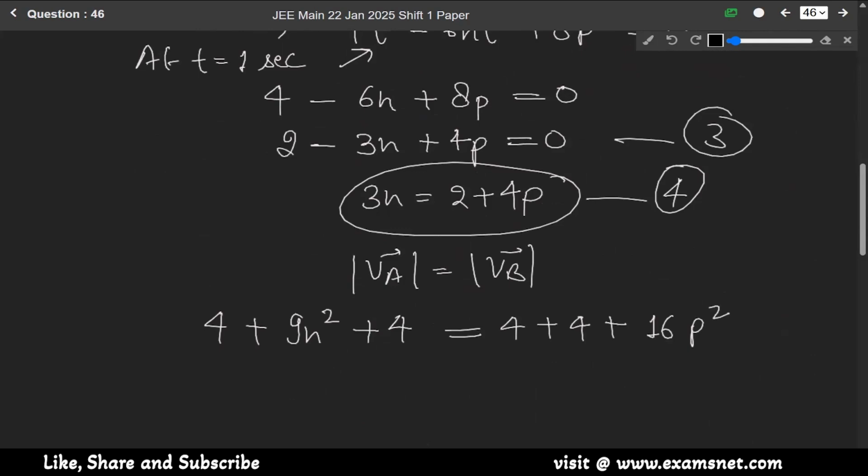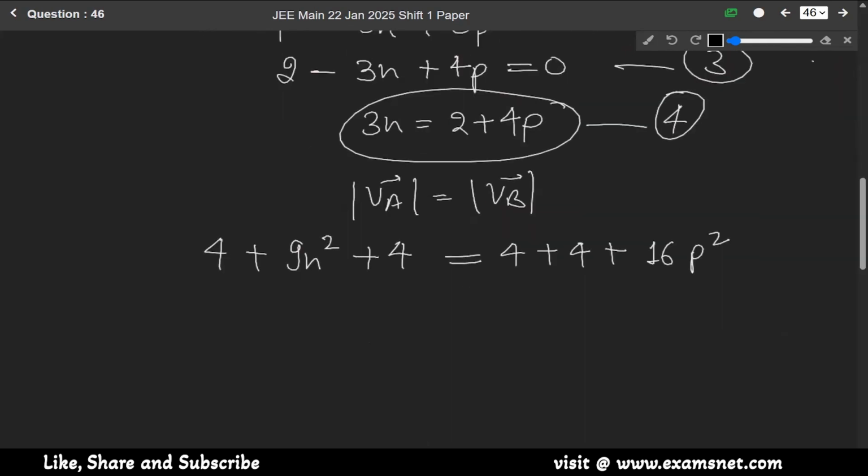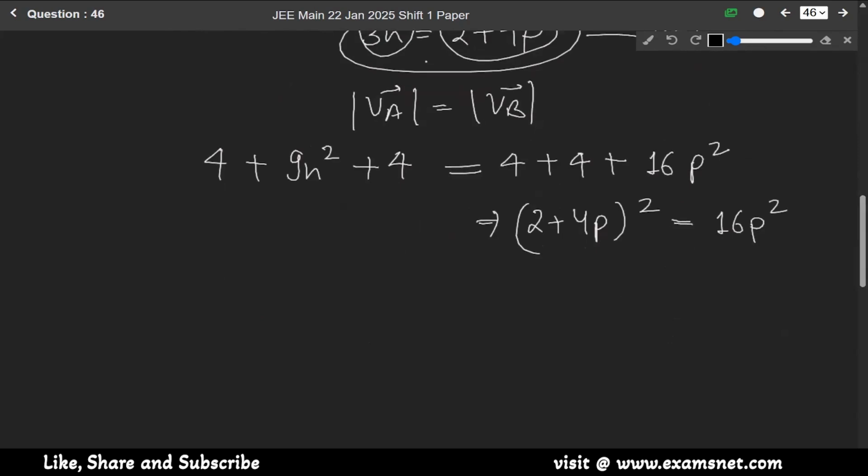So when we solve it, we get 4 plus 4 plus 9n square. And from here, 2 plus 4p is 3n. So here we can write 2 plus 4p whole square is equal to 16p square.